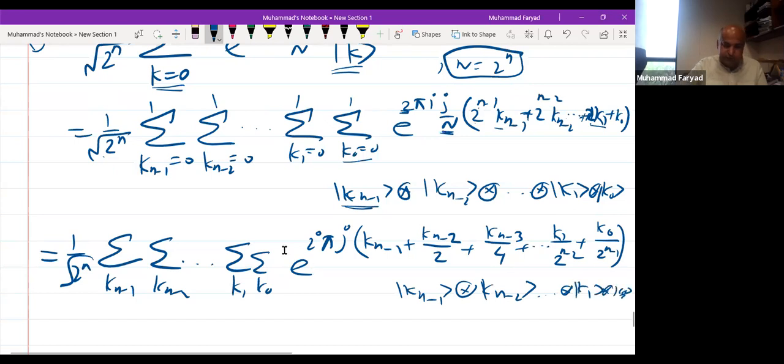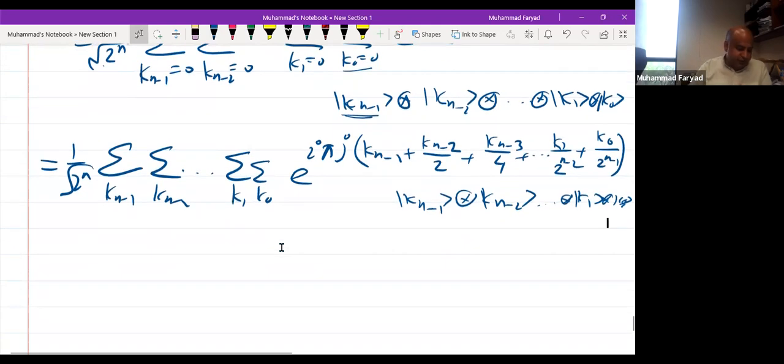Okay, now we can separate all these qubits into separate terms. So the first term on the leftmost depends on this qubit.